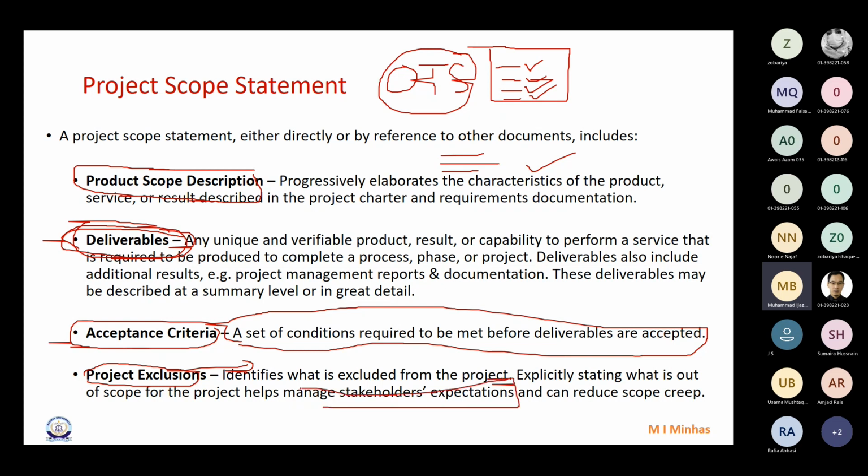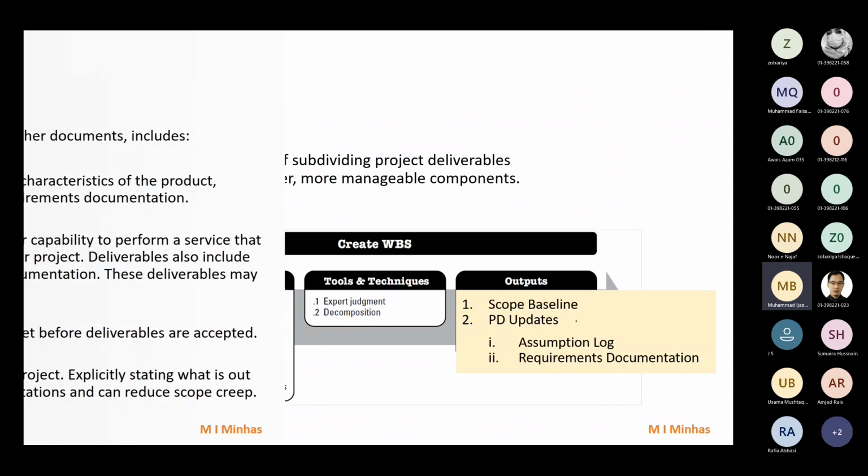We don't want our stakeholders to expect something from this project which is not part of the project. So we need to actually make things clear right in the beginning. Otherwise, people may develop some expectations from the project later on, which may result in their dissatisfaction, and that we don't want. We want the satisfaction of the stakeholders.